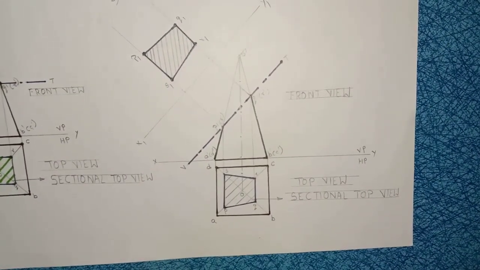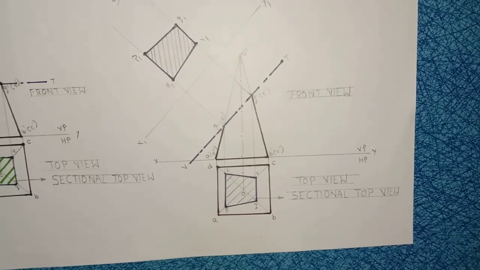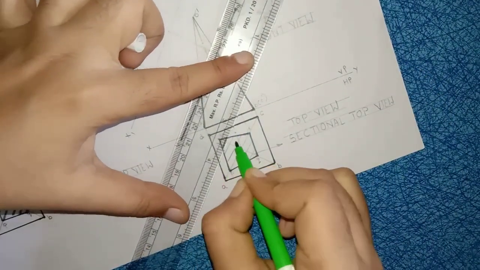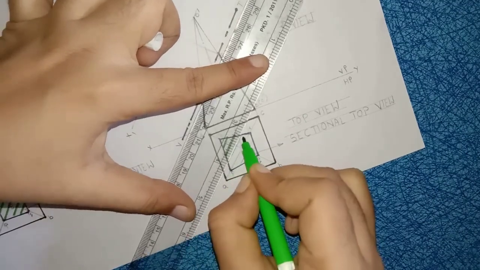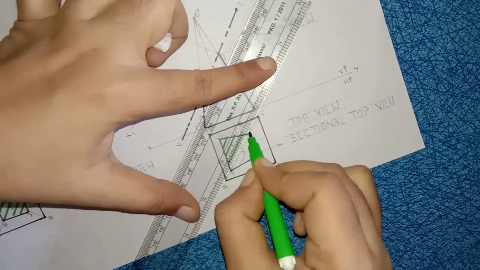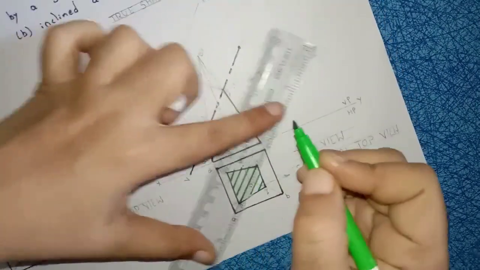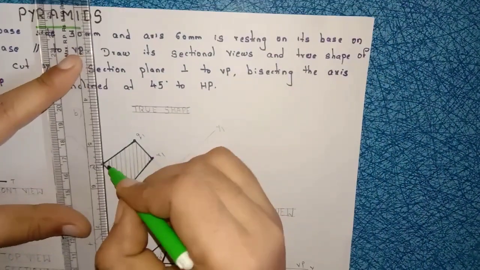Right? And after that, sectional top view and true shape we have to indicate with hatching lines here. And here, true shape.